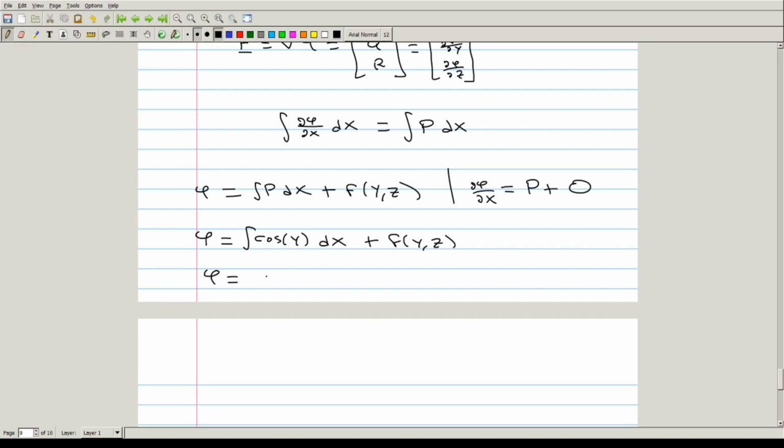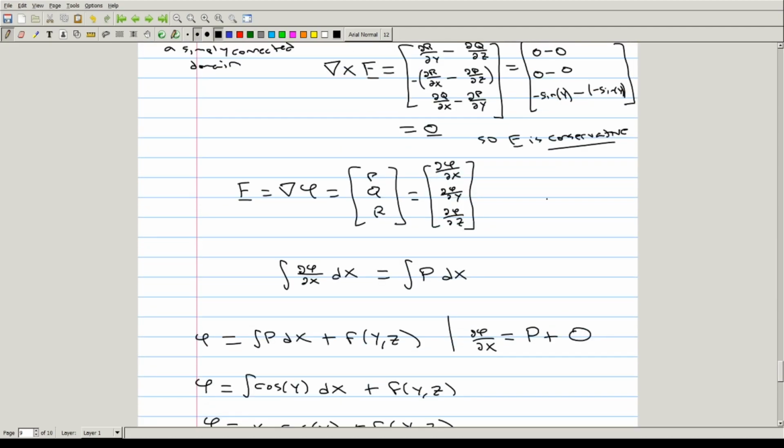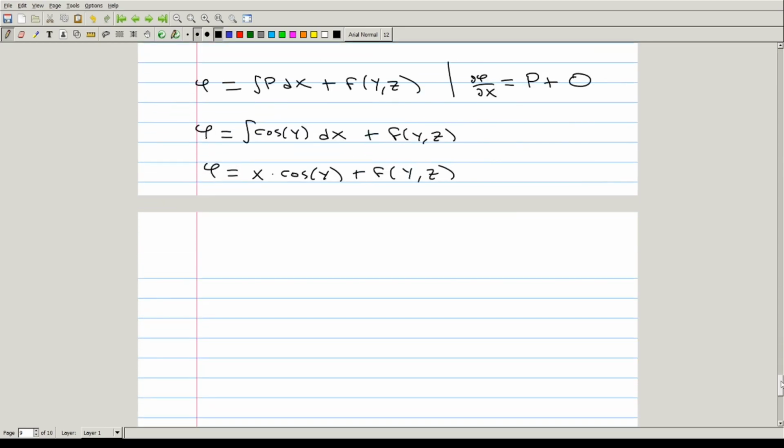So phi is equal to, well, the antiderivative of cosine of y with respect to x is just x times cosine of y. So this is really the first step that we've verified, getting this first step in satisfying the first component of this equality right here. So we still don't know what f is. We have to go through and solve for f.